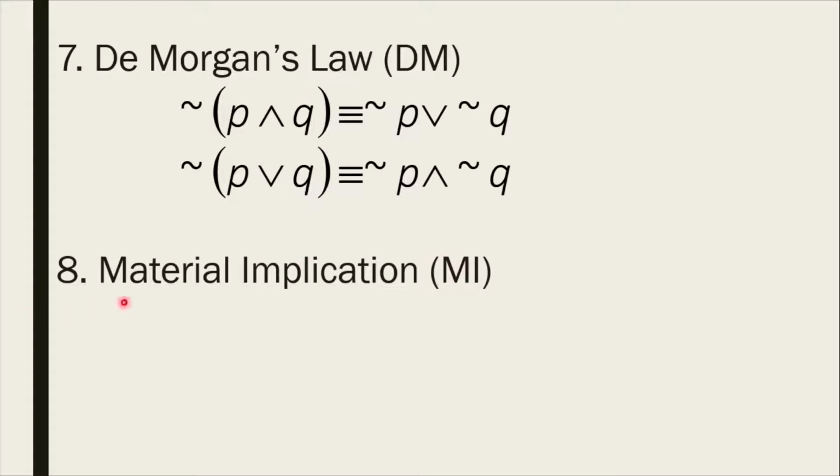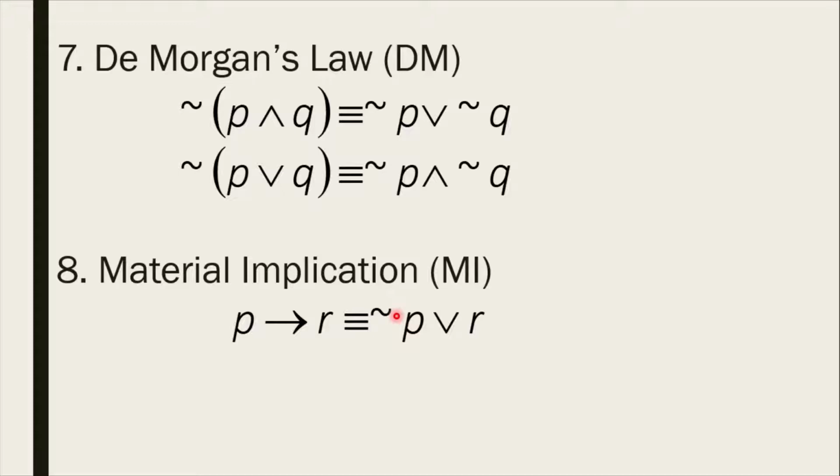Next is the material implication, or the MI. In this rule, it states that a conditional statement, for instance, P implies R, is just equivalent to the disjunction of its components, provided that the antecedent, which is P, is negated.